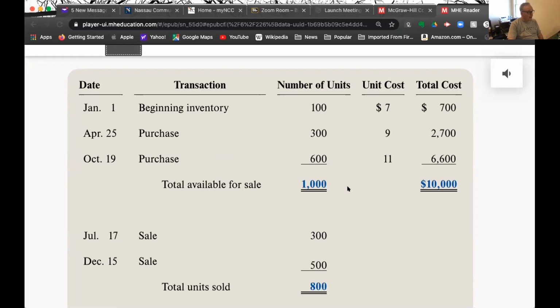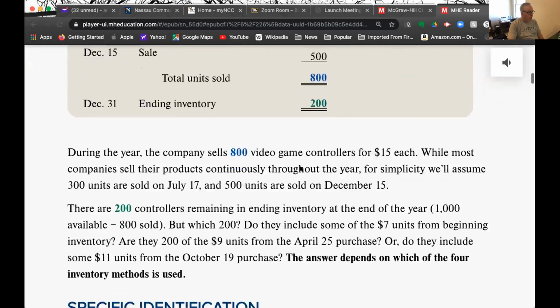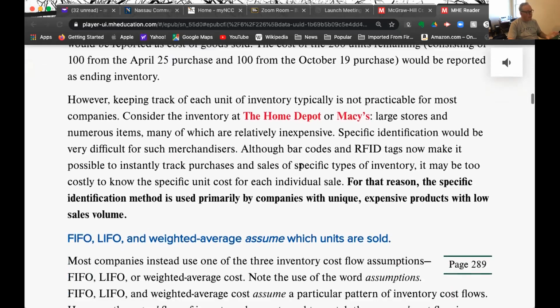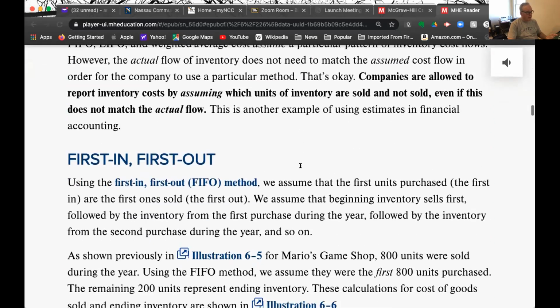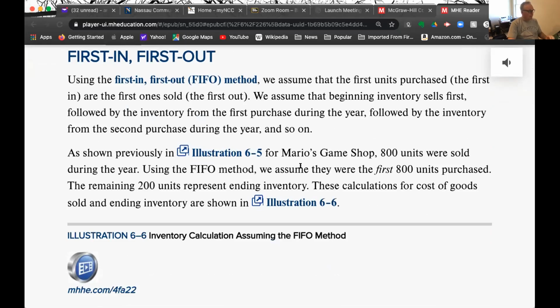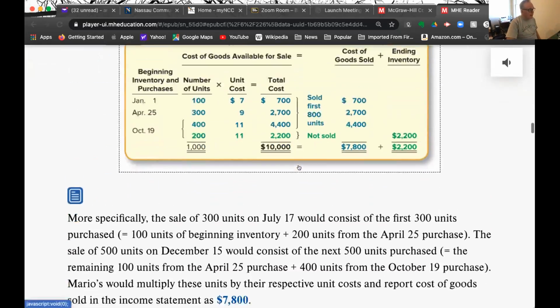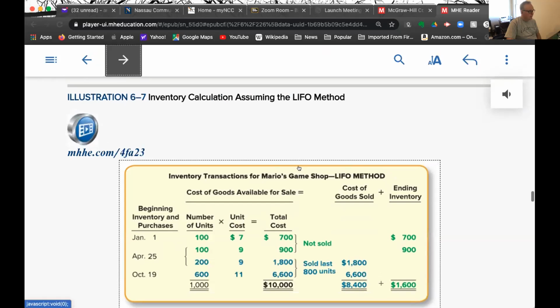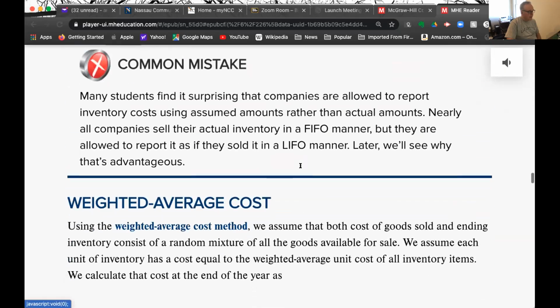Or I could say, do I have the oldest units or the newest ones? Those are the 4 methods. That's how it works. Let's save specific identification for last. All right? Let's talk about the average method first, because we kind of talked about that just now.